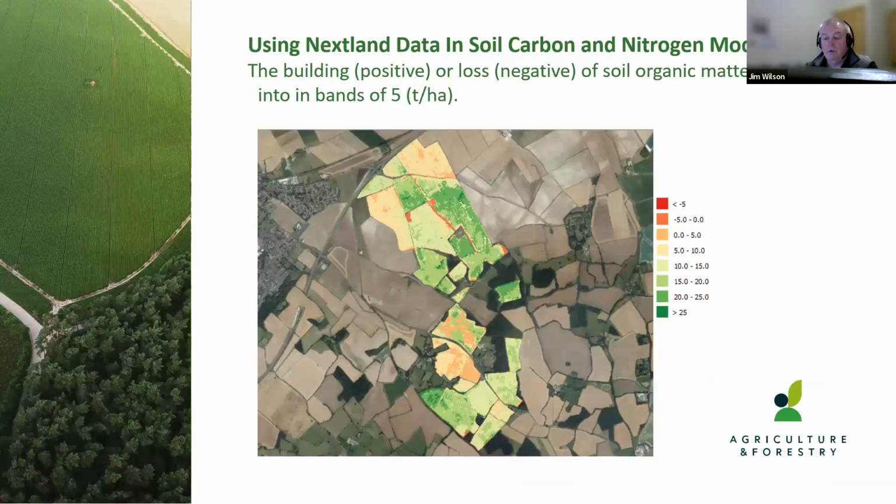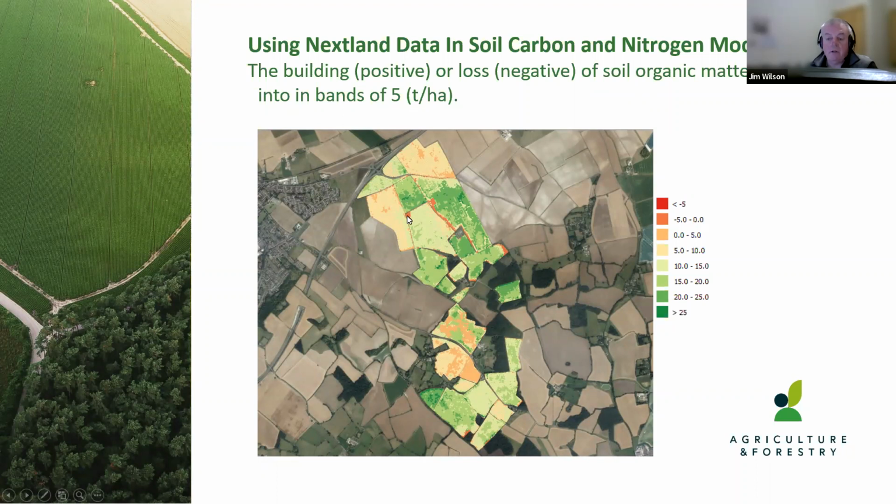And then rolling that over, let's say, the 5 years, you can calculate whether or not you're building soil carbon or losing soil carbon into soil organic matter. And this is a farm in the southeast of England showing the gain or loss of soil organic matter in bands of 5 tons per hectare.